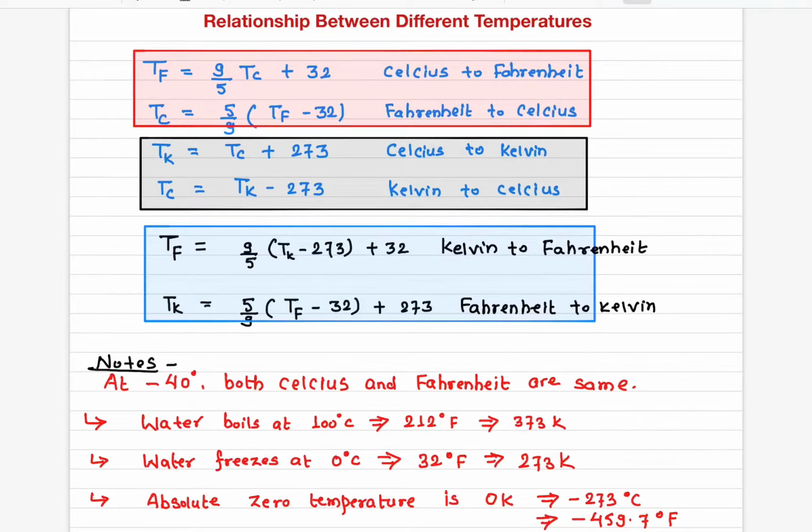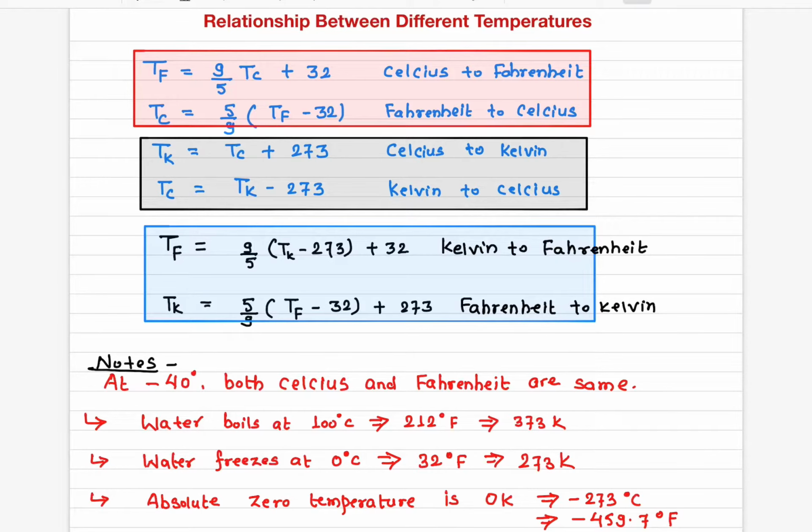And here is the relationship between Kelvin and Fahrenheit. If you remember the equation TK equals TC plus 273, then the rest you can derive by yourself. If you solve for TC and plug it in here, you get a relation between Fahrenheit and Kelvin.